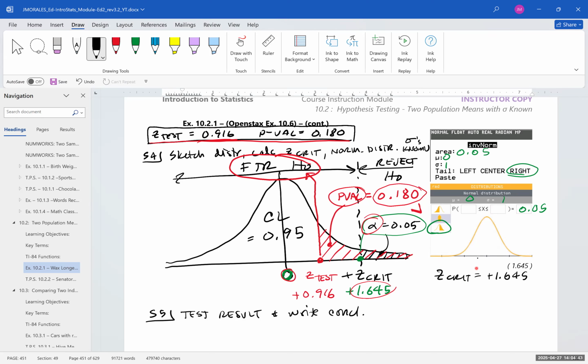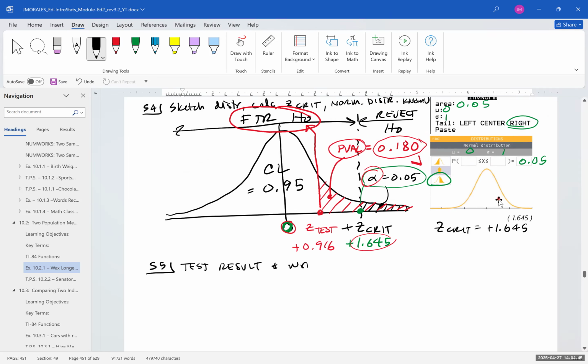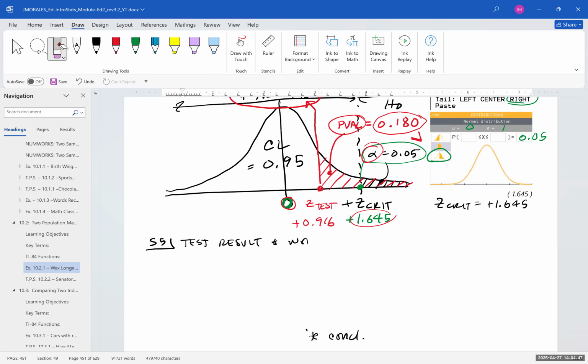So remember the rule, if you're going to use p-value and significance level, if the p-value is smaller, then reject the null.